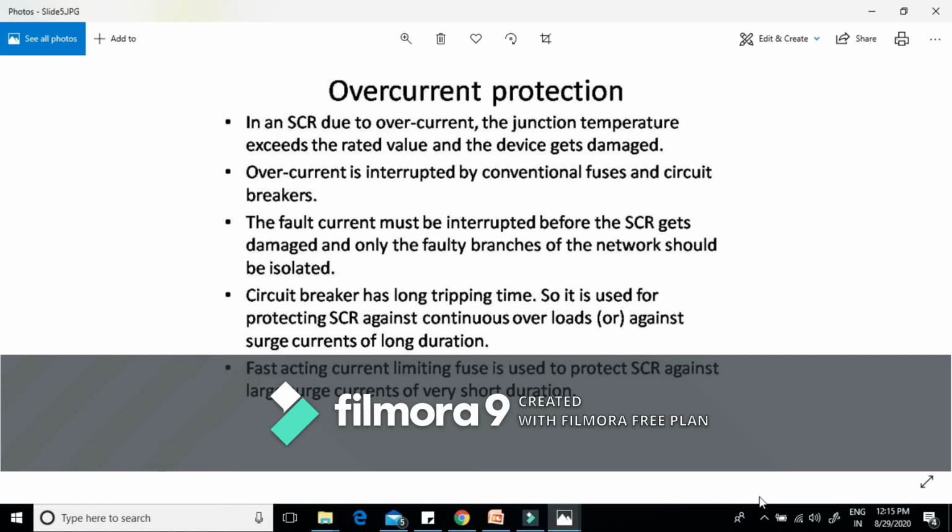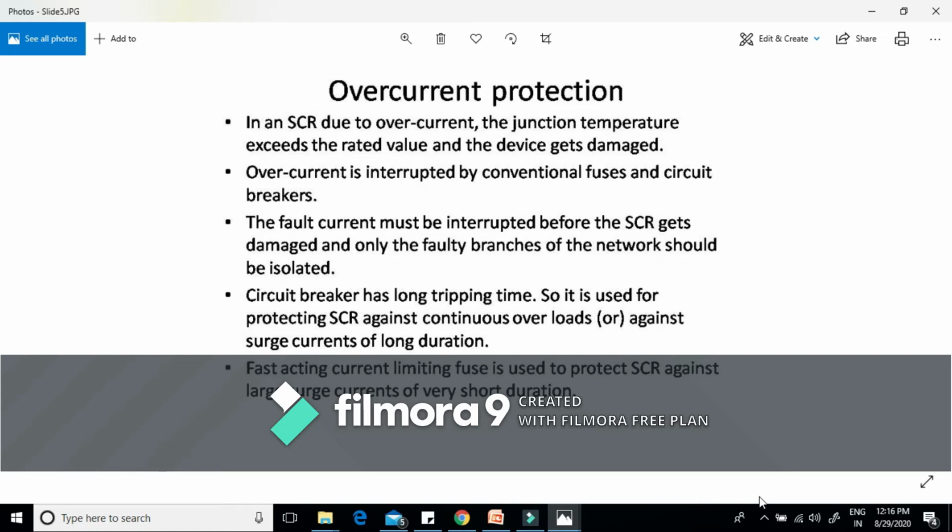It is necessary to interrupt this fault current before the SCR gets damaged, and for proper coordination, only faulty branches of the networks should be isolated.